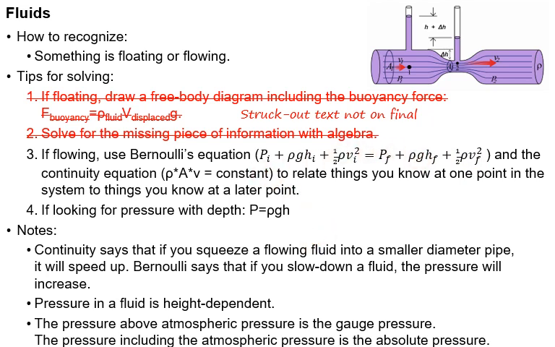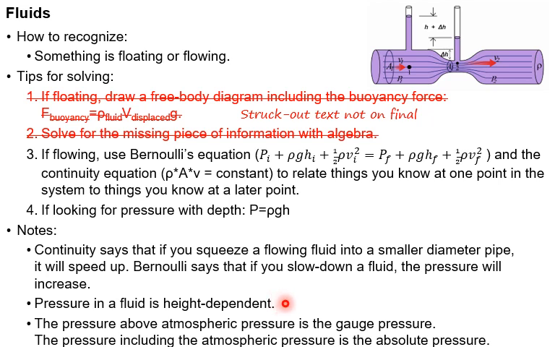So remember that continuity says, even qualitatively, if you squeeze a flowing fluid into a smaller diameter pipe, it's going to have to speed up. What does the Bernoulli equation say, in essence? If you slow down a fluid, the pressure is going to have to increase. Also keep in mind the pressure in a fluid is going to be height dependent.